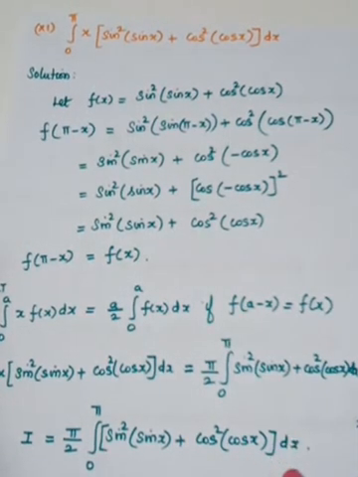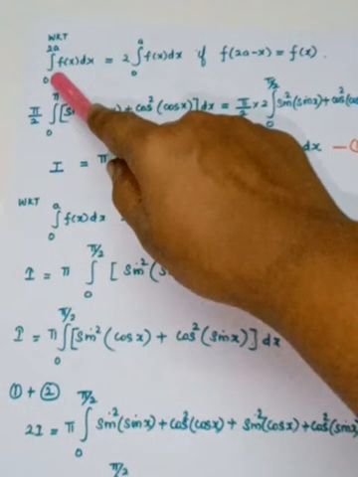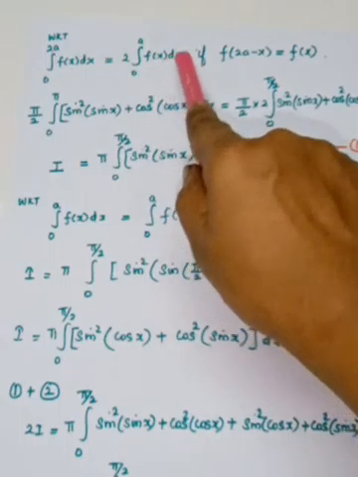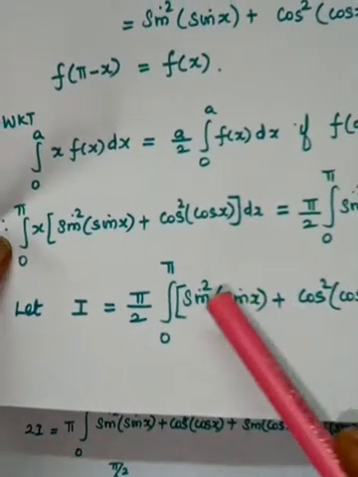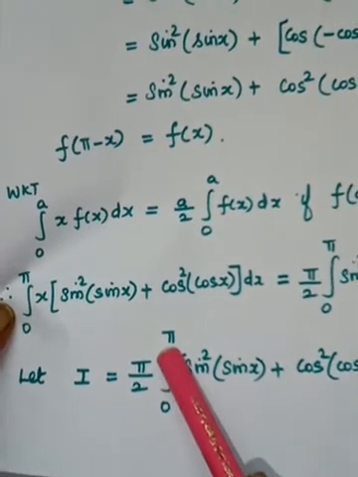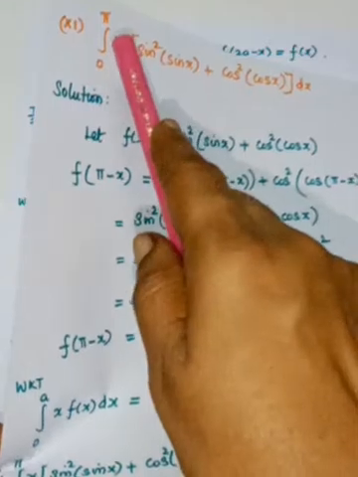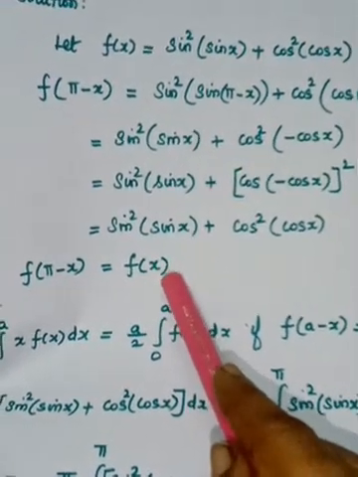Okay. And here you are going to use the formula integral 0 to 2a f of x dx is equal to 2 into integral 0 to a f of x dx, if f of 2a minus x is equal to f of x. What is the limit here? Pi. So here also we have taken pi. So f of 2a minus x is equal to f of x.